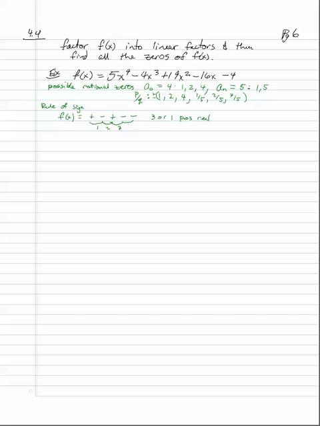So 3 or 1 positive real. Now, real doesn't mean that it's going to be rational, right? Because we can get 1 plus square root of 5. That's a real, positive solution, but it's not rational. So, be careful. And then if we do f of negative x, remember, only the signs of the odd powers are going to change. So I got 5x to the 4th, so that will stay positive. Negative 4x to the 3rd will change to positive.